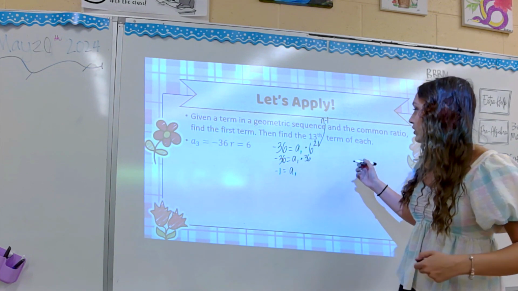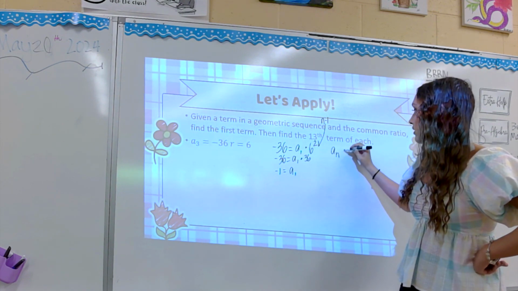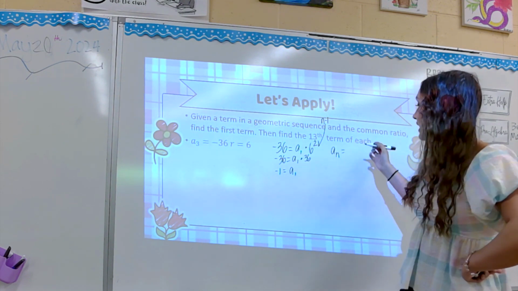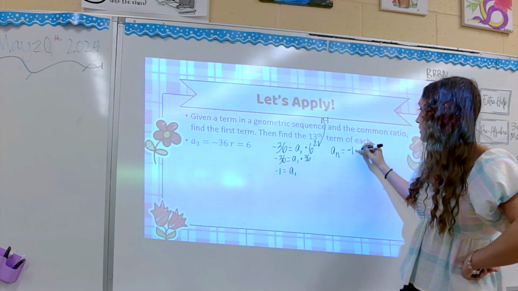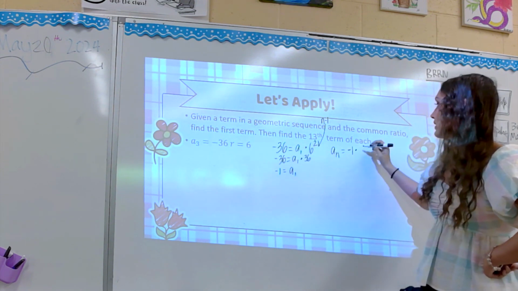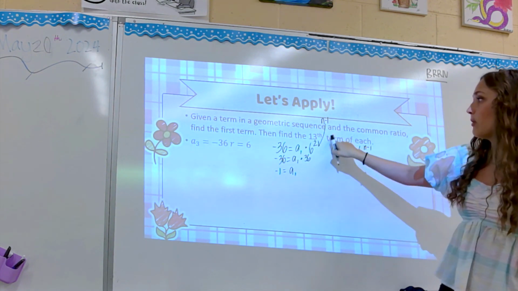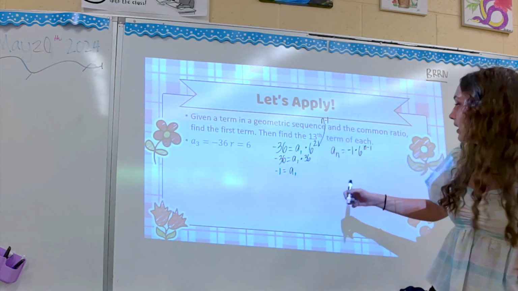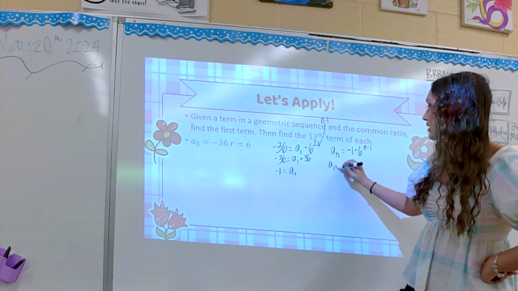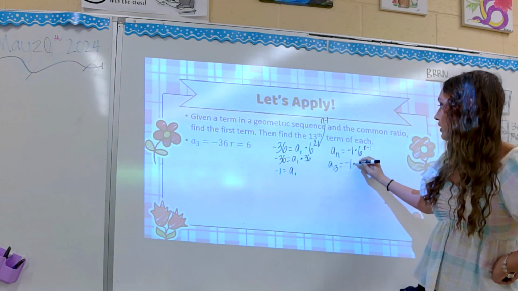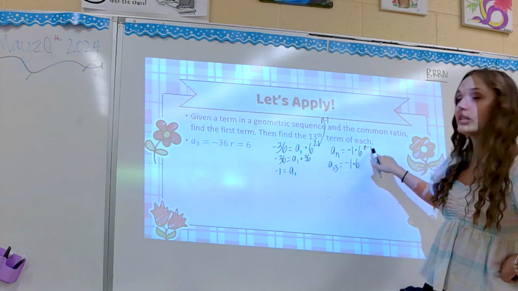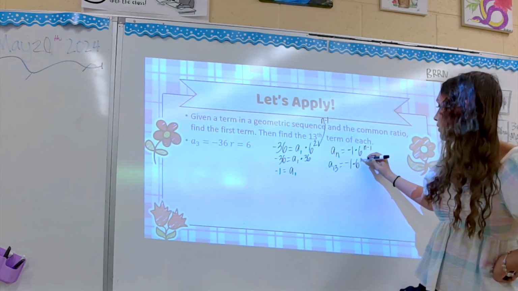So my new equation is going to be AN, my nth term, equals my first term times my rate, which is 6, my ratio, to the N minus 1. But now we want to find the 13th term, so I need to plug in my information. My A13 is going to equal negative 1 times 6 to the 13 minus 1, which is 12.